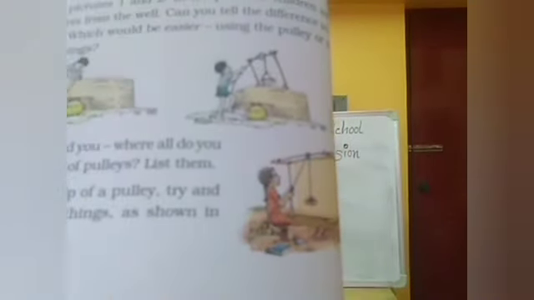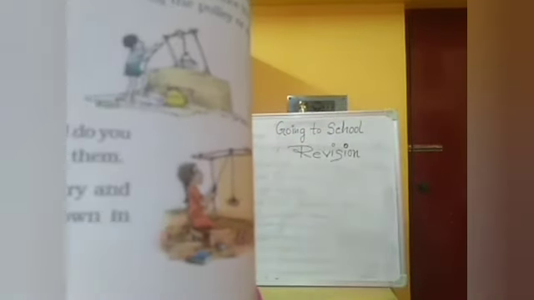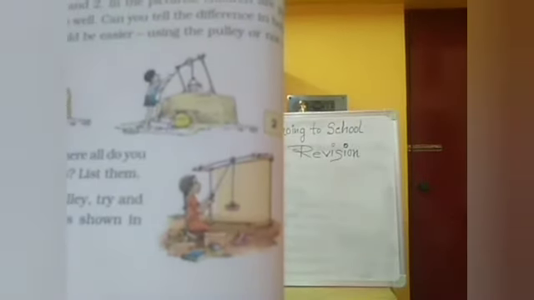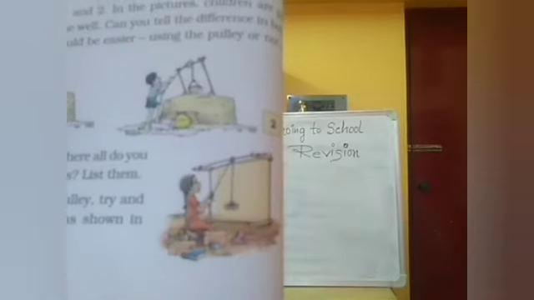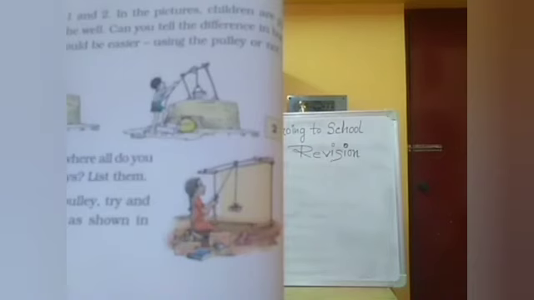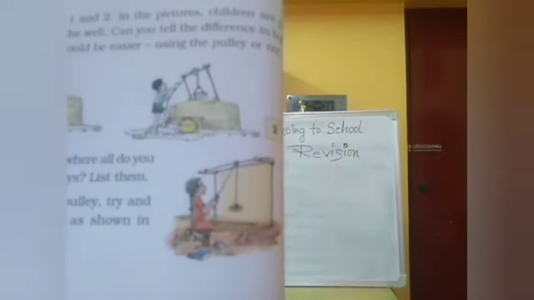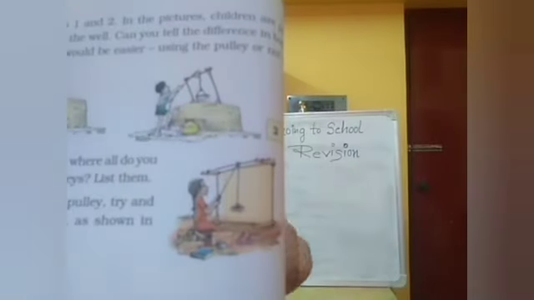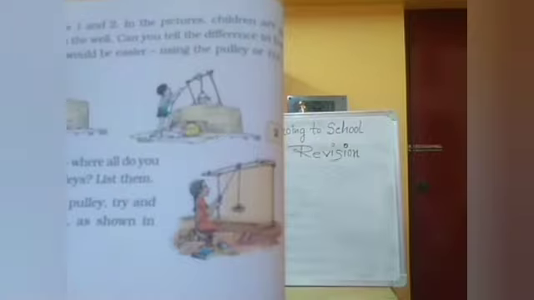But this boy has made one pulley over this well, so he is keeping his bucket tied with the pulley, and he can just pull the rope towards himself, and the bucket comes out from the well. So with less effort this boy can take out a bucket full of water with the help of the pulley.